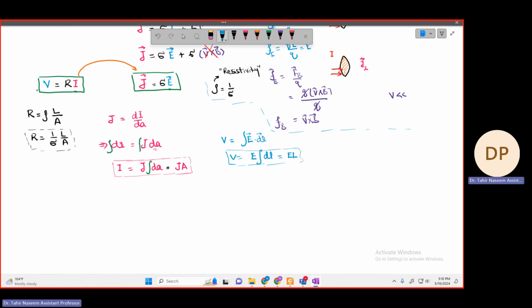So I replace now V, R, I in this expression. First of all, I replace V, which is EL. Then I will replace R, which is 1 over sigma times L over A. Then I replace I, which is JA.